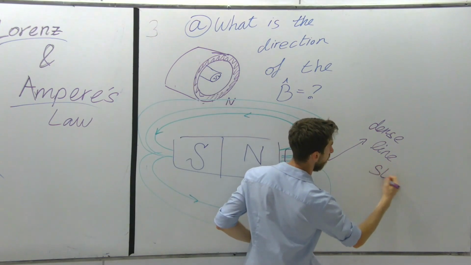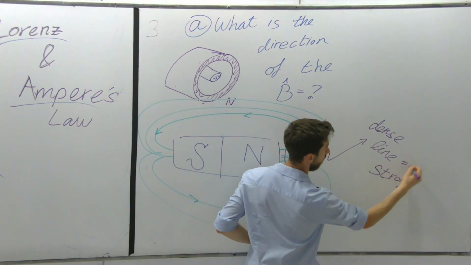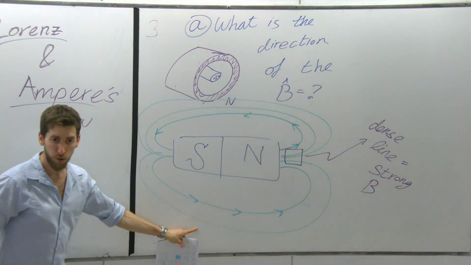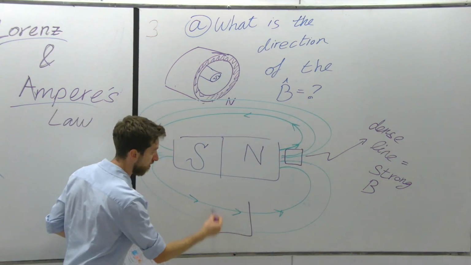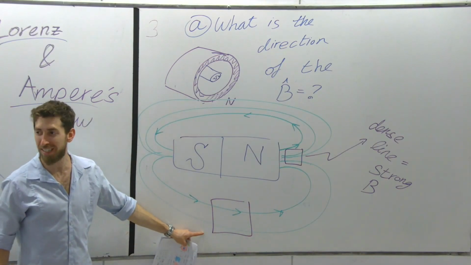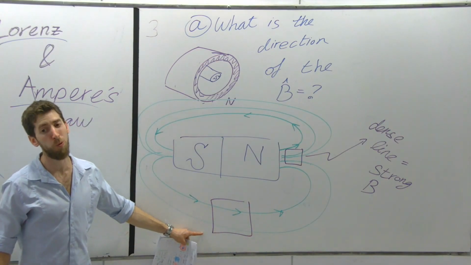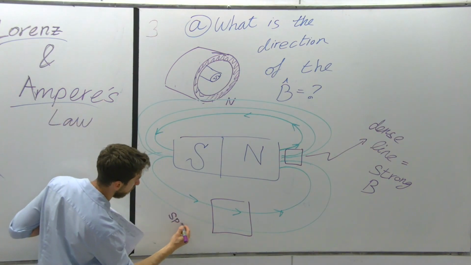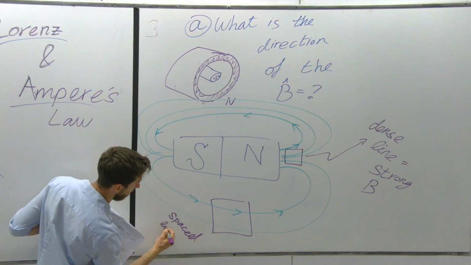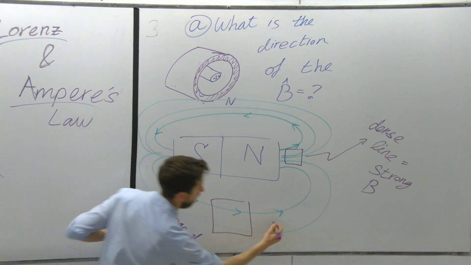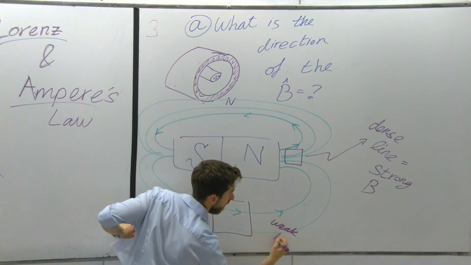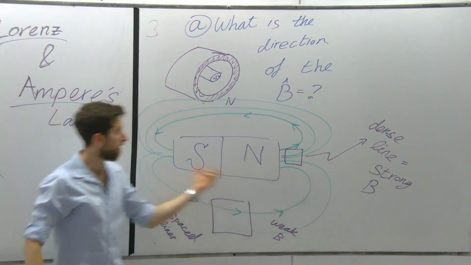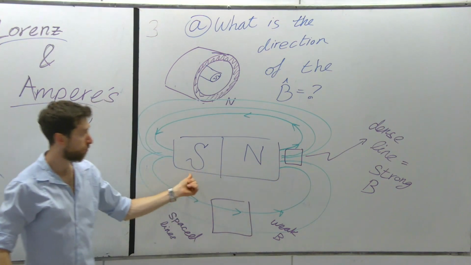So this is equal to strong B. And where we have a space between the lines, this space means that the magnetic field is weak, not strong at all. So space between lines means weak B. The magnetic field is strongest where? Here and here. And it's going from north to south.